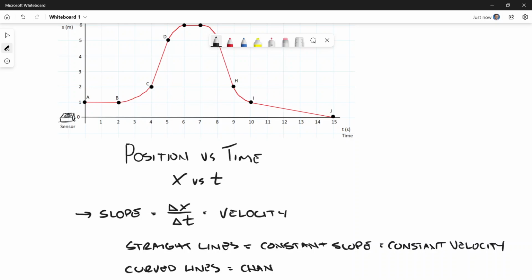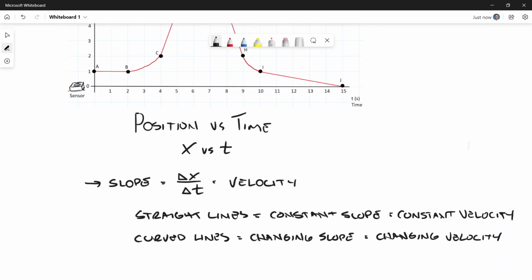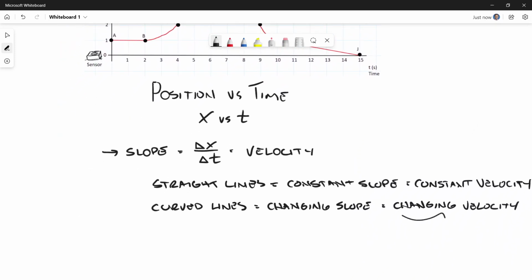And again, if slope is velocity and we're changing our slope, then we have a changing velocity. It's really just telling you what is happening to that object over time. If it's curving, then the object's velocity is changing, and changing velocity is also called acceleration. We'll dig a little deeper into acceleration in a little bit.